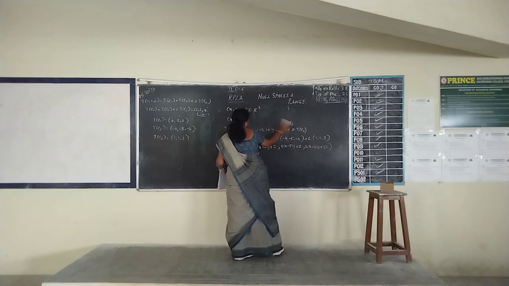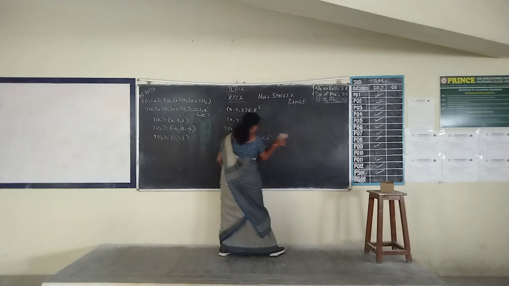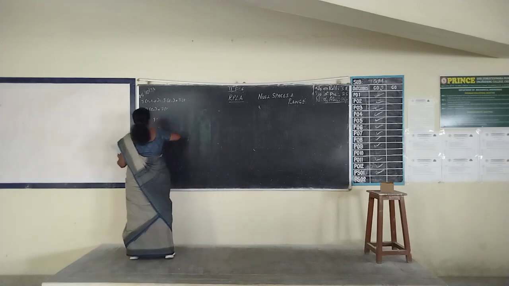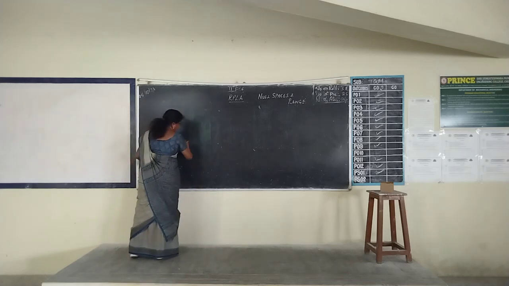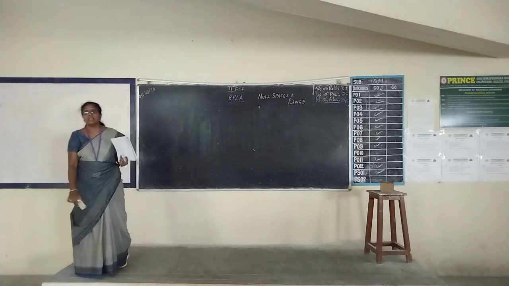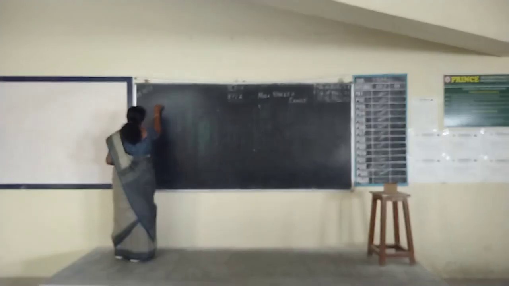Let V and W be vector spaces and let T from V to W be a linear transformation.